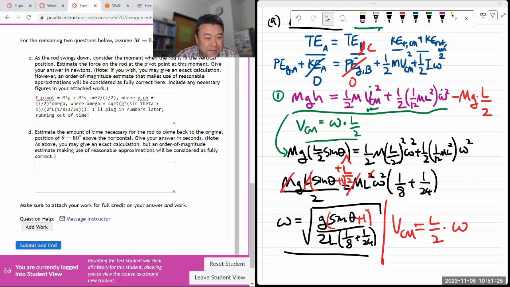Estimate the amount of time necessary for the ride to come back to the original position. So easiest way to do it is to get the VCM here, or running out of time.